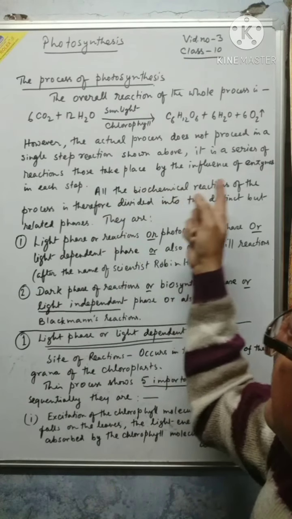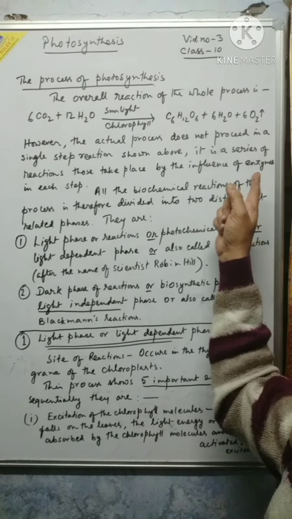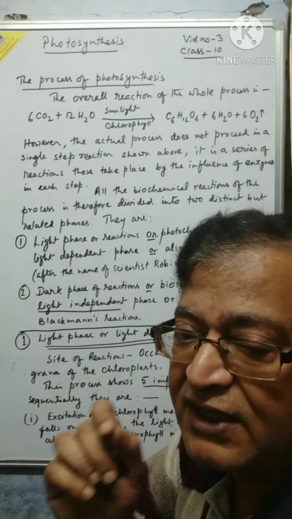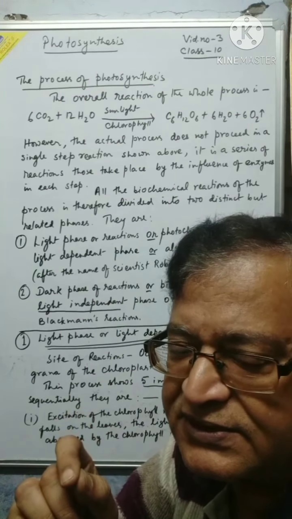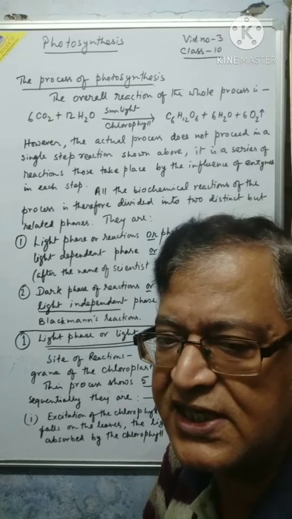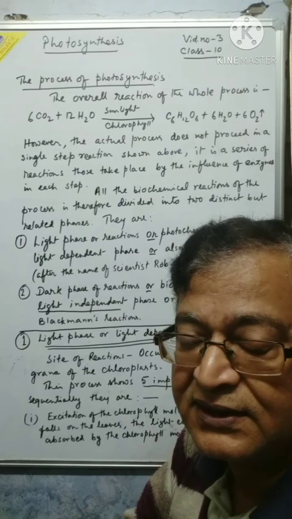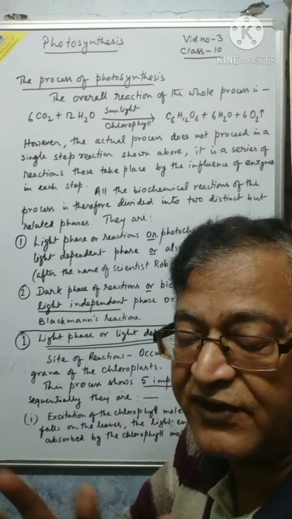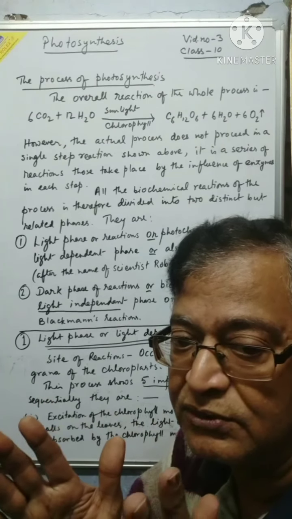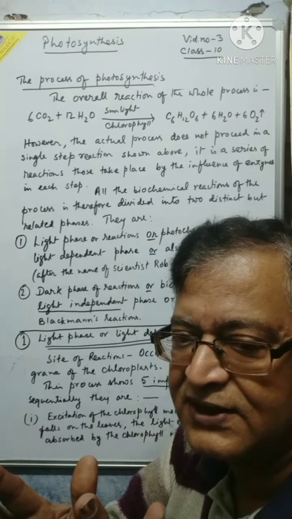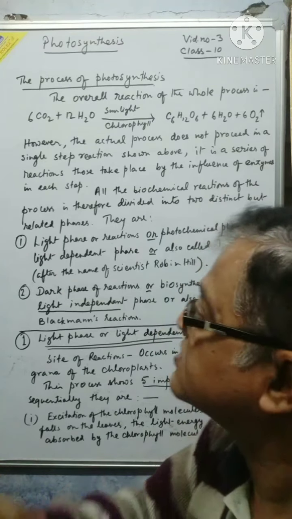There are so many reactions, and each step is influenced by one enzyme. To understand those reactions better, the total series of reactions are divided into 2 groups or sets, judging their characteristics.